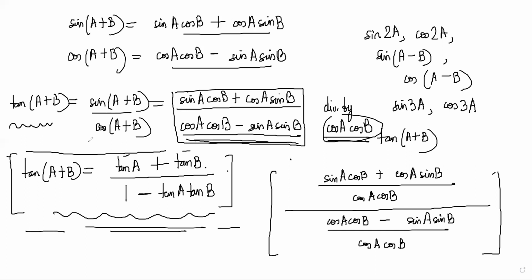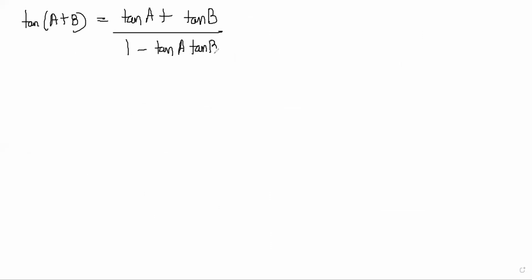Tan A plus B is tan A plus tan B by 1 minus tan A tan B. So if you know tan A plus B is equal to tan A plus tan B by 1 minus tan A tan B, then from here, find out tan A minus B. Your job is to find out the formula for this.